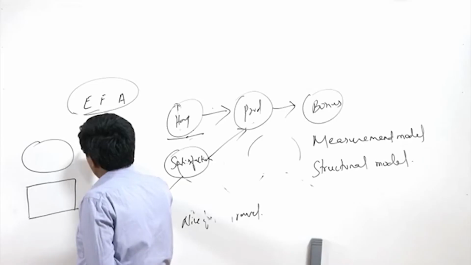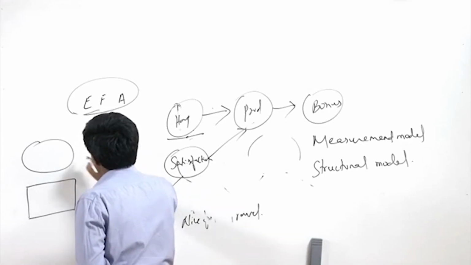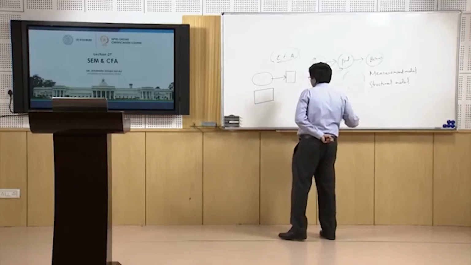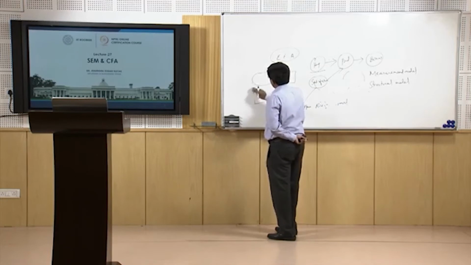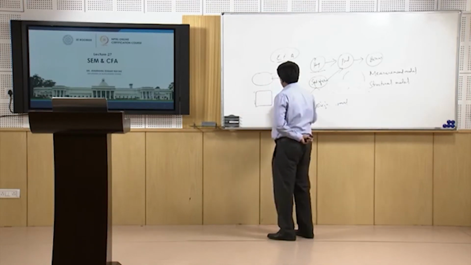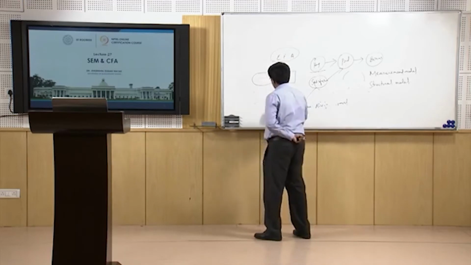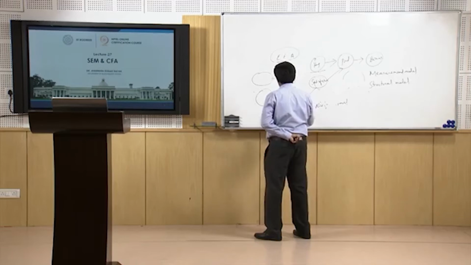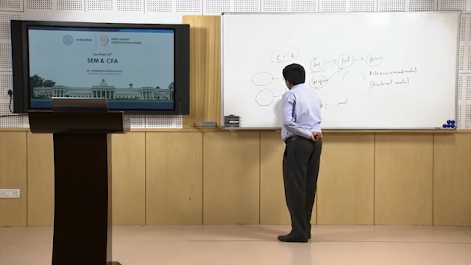Now when the arrow is moving from the construct to the variable, this is one kind of relationship. Another kind of relationship can also happen in which the reverse happens, okay.